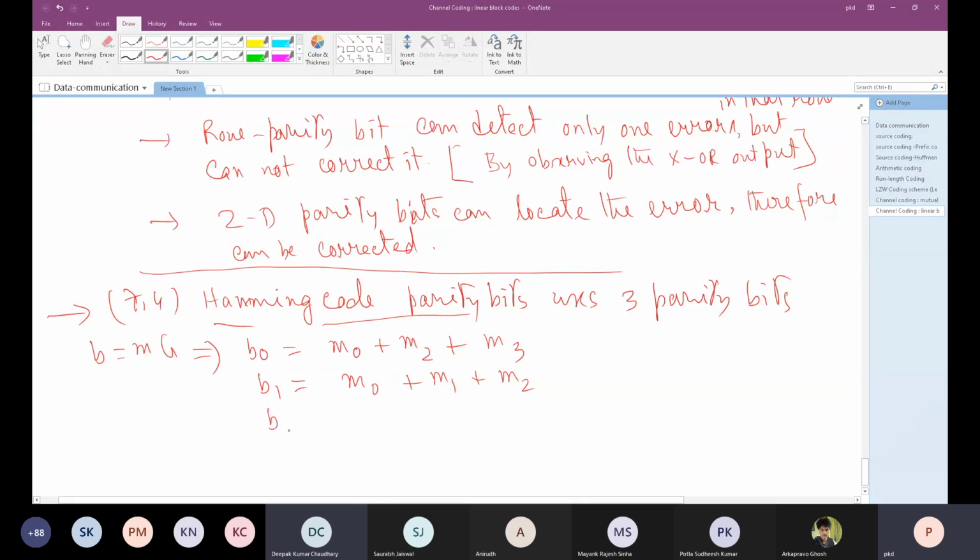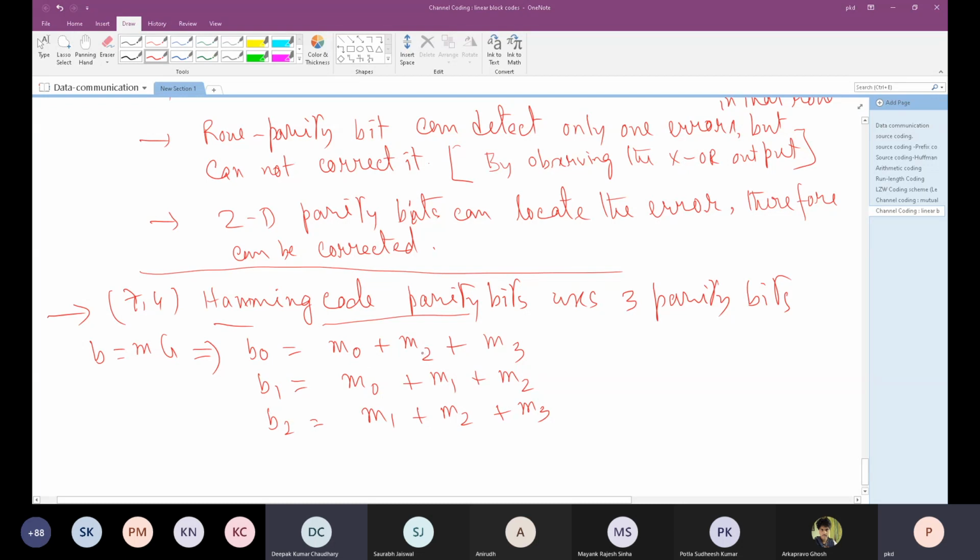And B2 will pick up M1 plus M2 plus M3. You can see that no two of these formations are using the same messages, such that any error in the messages will pick up at least 2 bits, two parity bits.